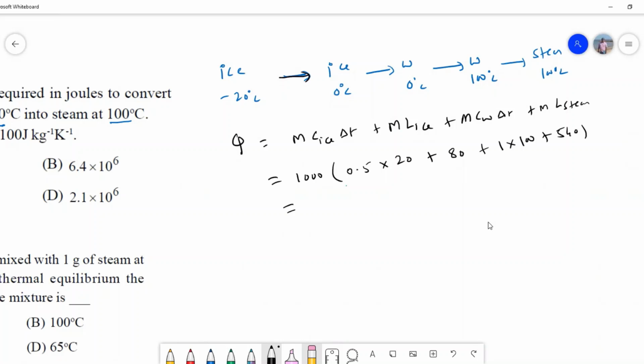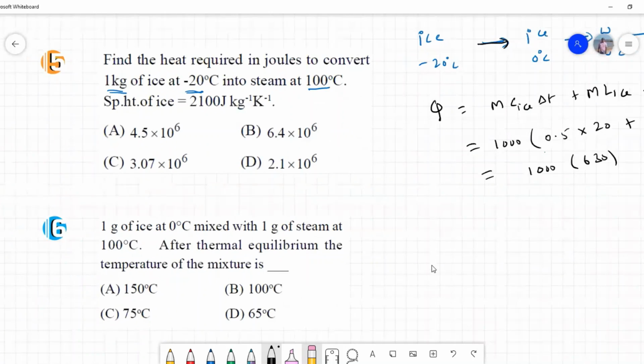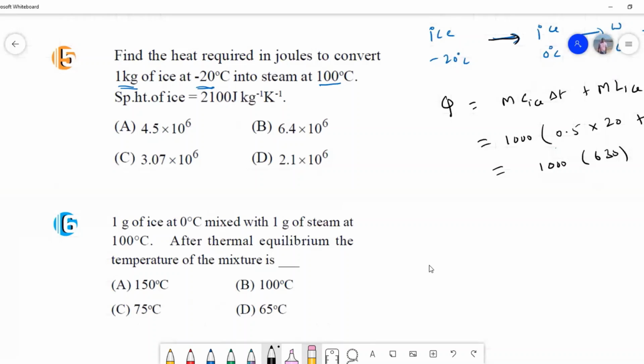So which is nothing but 1000 into 0.5 into 20 is 10. Plus 80 is 90, plus 100 is 190.